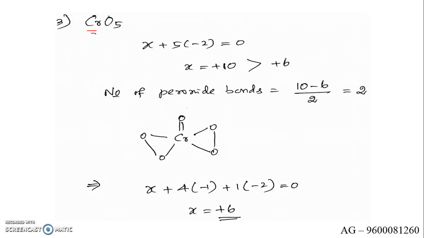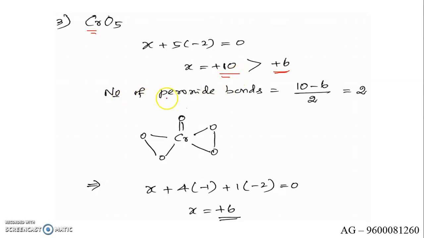It consists of 5 electrons in d and 1 electron in s. If it loses all the 6 electrons, it can go to a maximum oxidation state of plus 6 only. So for chromium, the maximum possible oxidation state is plus 6. But now the calculated oxidation state is plus 10, so it indicates the presence of peroxide bonds.